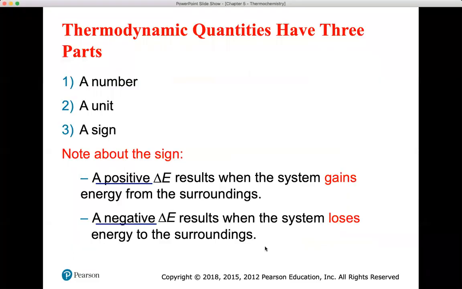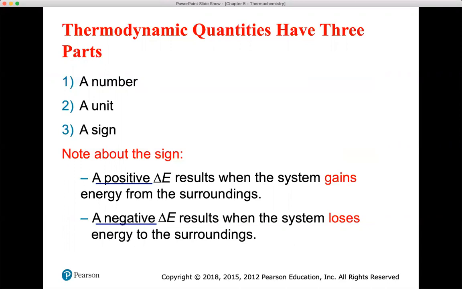So we have the number here for those positive and negative values: the number, the unit, and a sign. We need to have these quantities in order for you to really understand. With respect to internal energy, what does the numerical value tell you? The unit. And the sign, remember the sign: is it positive or is it negative? Let's see each one of them for thermodynamic terms.